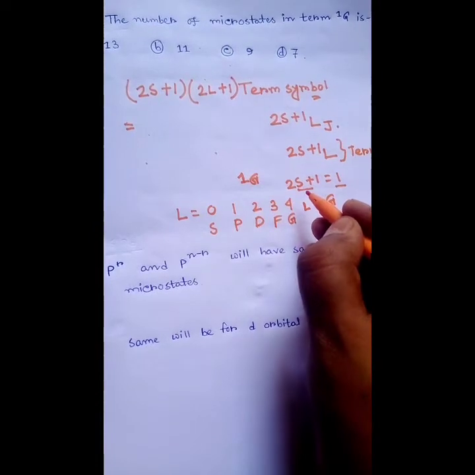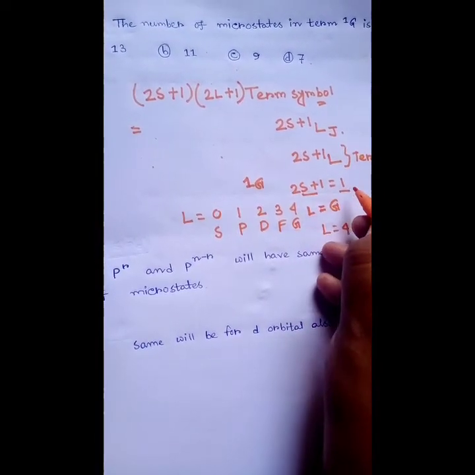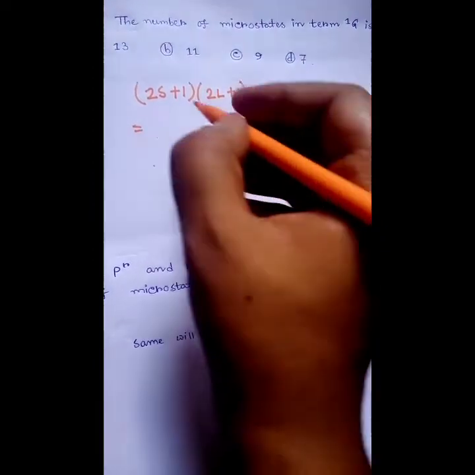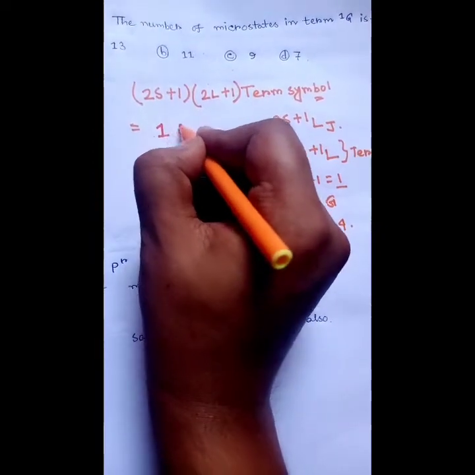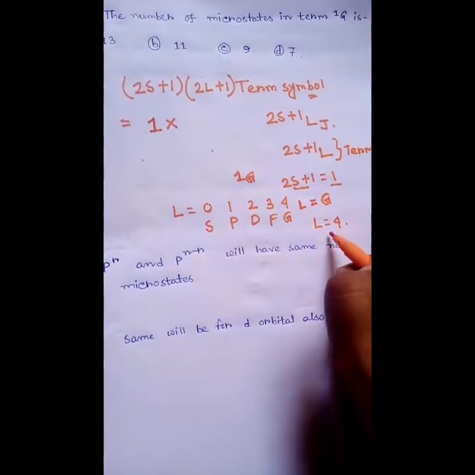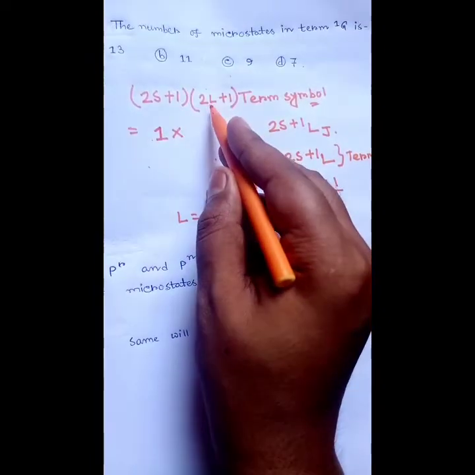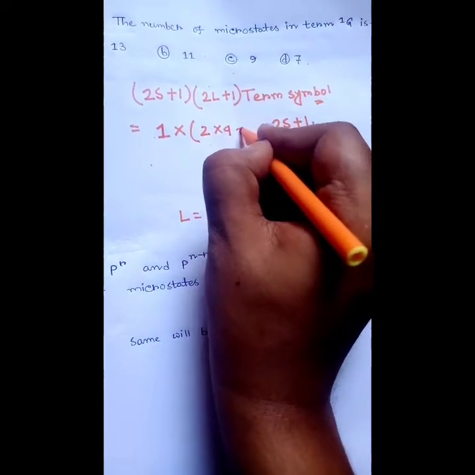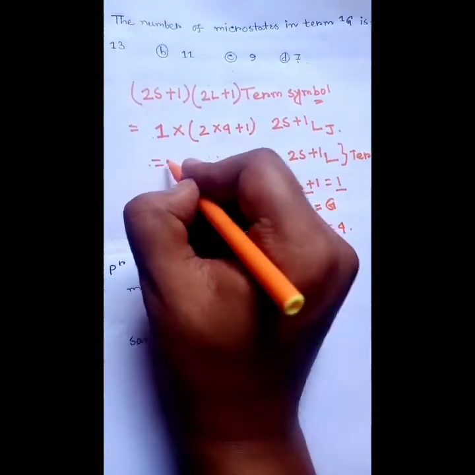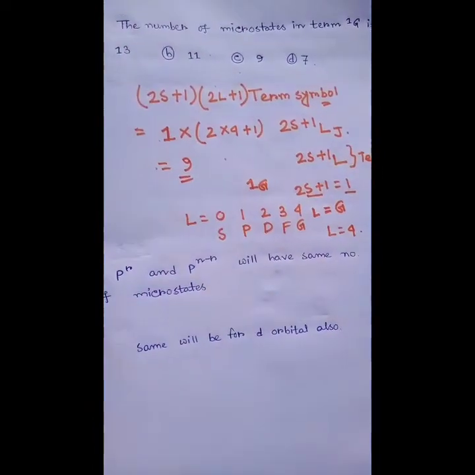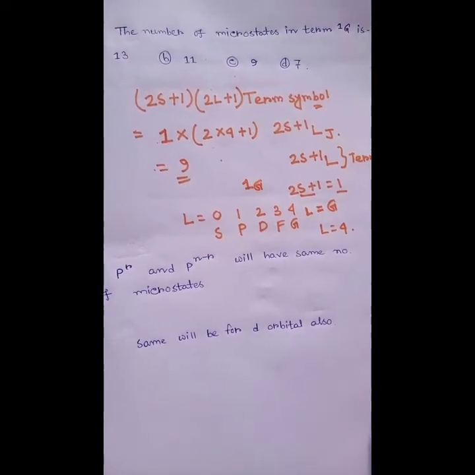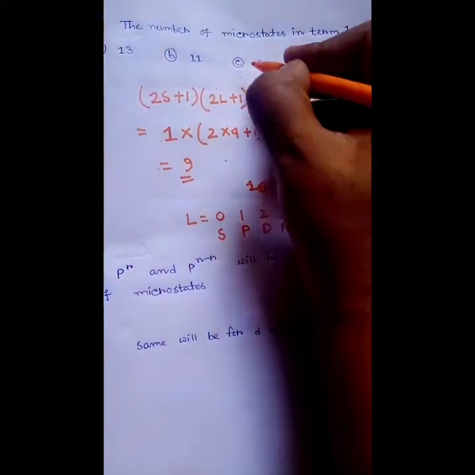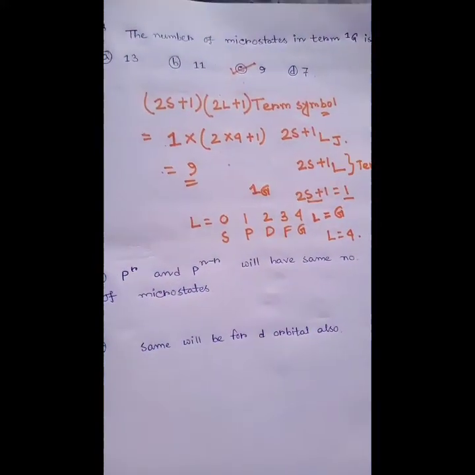In this case 2S+1 is given as 1, but L is 4. So the formula is 2L+1, so 2 into 4 plus 1, that means 9. So the number of microstates in term 1G is 9. So option C is the right answer.